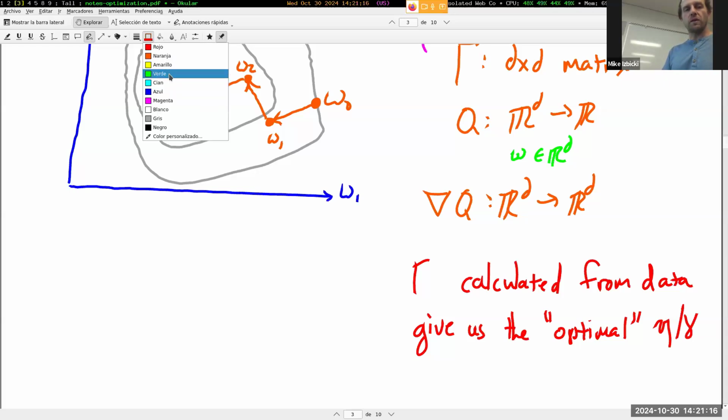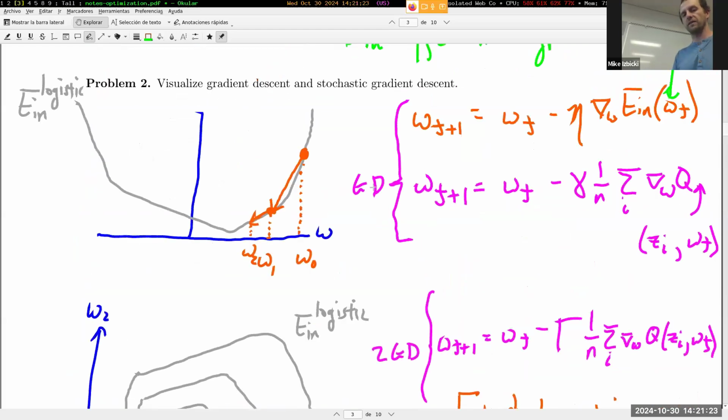To see why that's important, I'm going to scroll up in a second, and we'll see what bad situations can happen in first order gradient descent if we select a bad value of eta or gamma. There are two possibilities. One is that our value of eta or gamma is too large. Then we take too big of a step, and we not only overshoot the minimum, but could even go so far away that we start diverging.